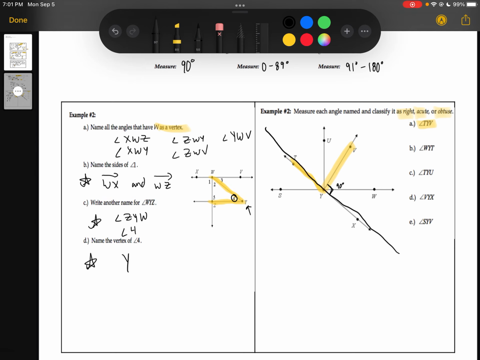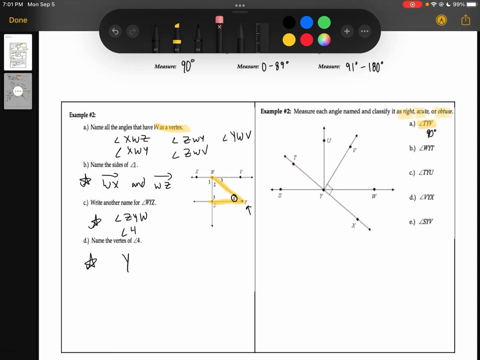And we can also see that this is a nice straight line here. So because that's a nice straight line, we know that it has to also be 90 degrees on the other side. So because of that, we can say that T to Y to V is a 90-degree angle because it is the other half of a straight line.